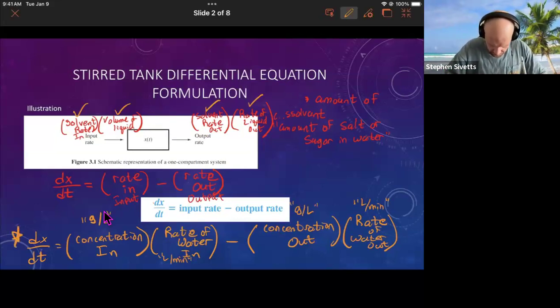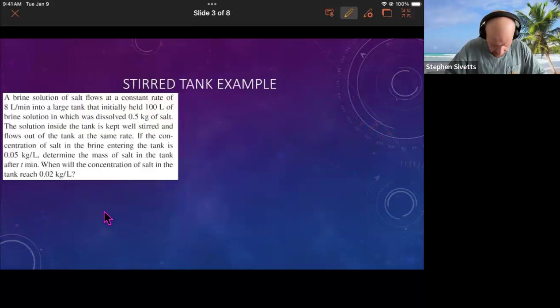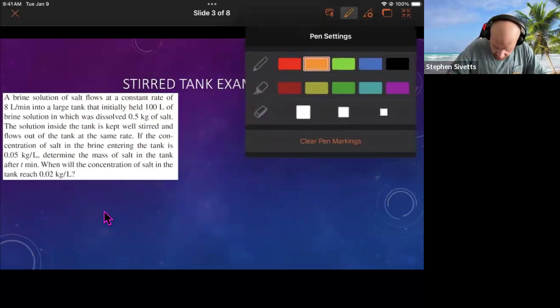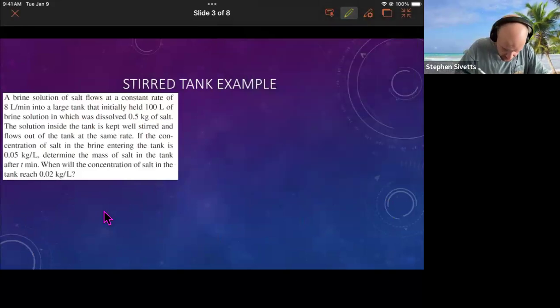So that's essentially what a stirred tank differential equation represents, right? So I think that's it. So here's an example. If we have a brine solution of salt that flows at a constant rate of 8 liters per minute into a large tank.